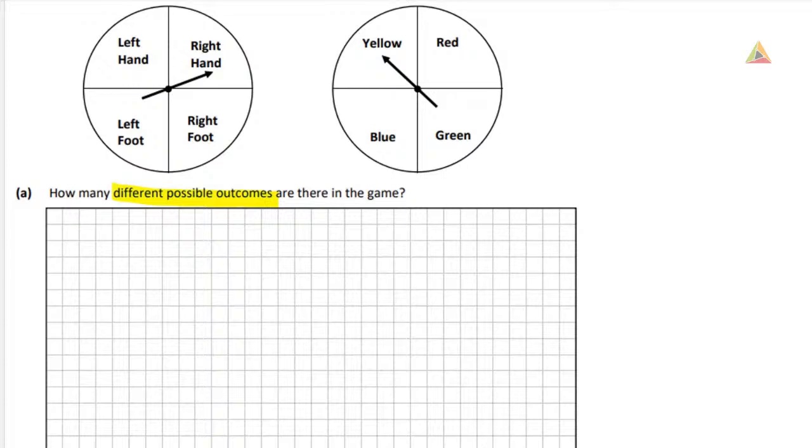So that means I'm looking at a fundamental principle of counting. So there are 4 options on the first disc, and there are 4 options on the second, which means that there are 16 different outcomes. And that's all that I have to do to work out how many different options there are.